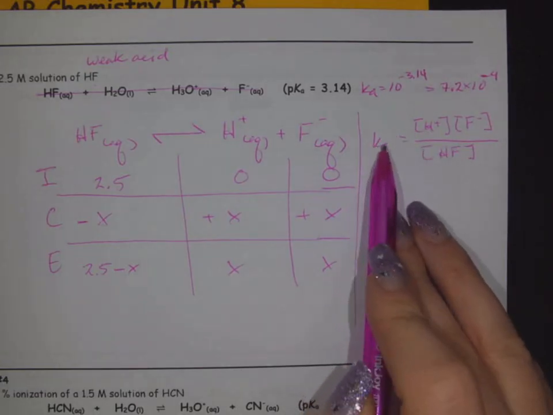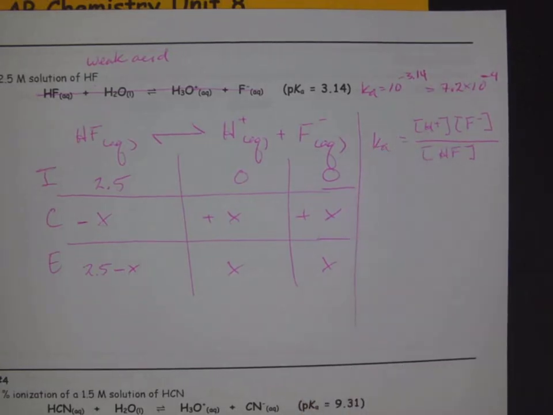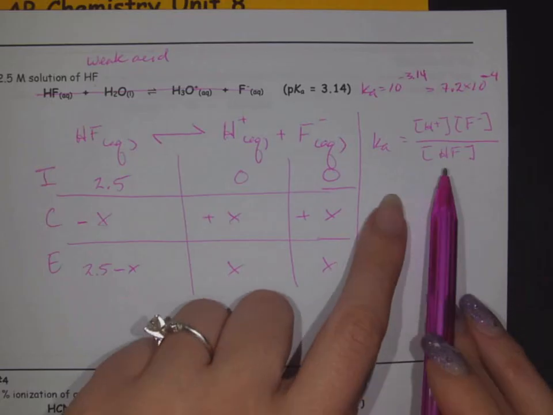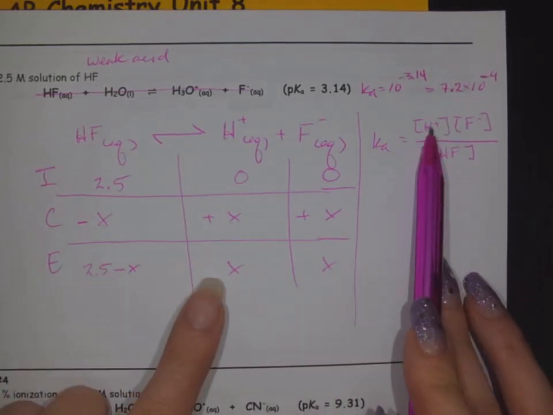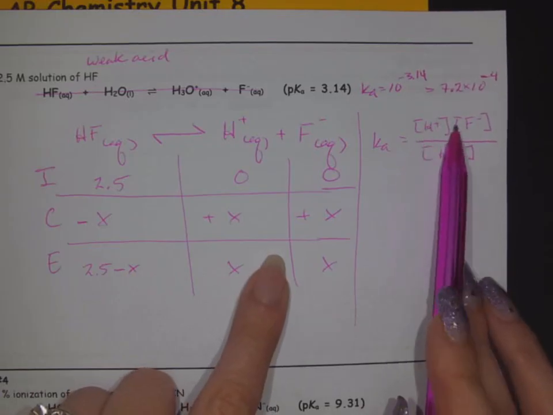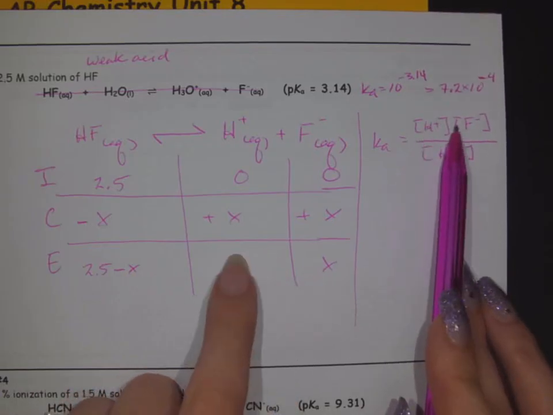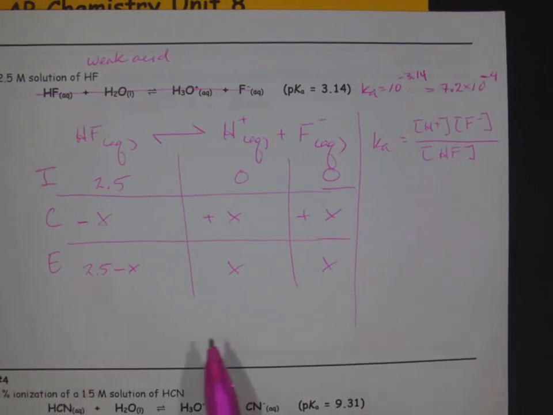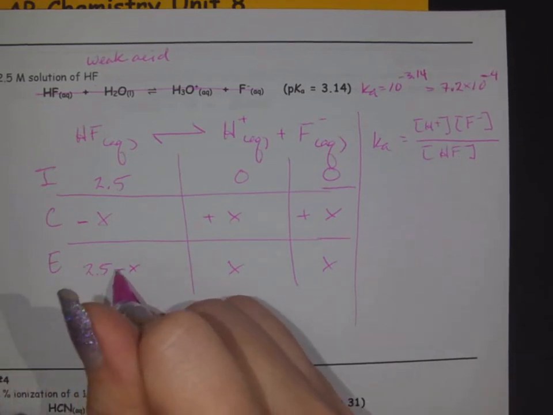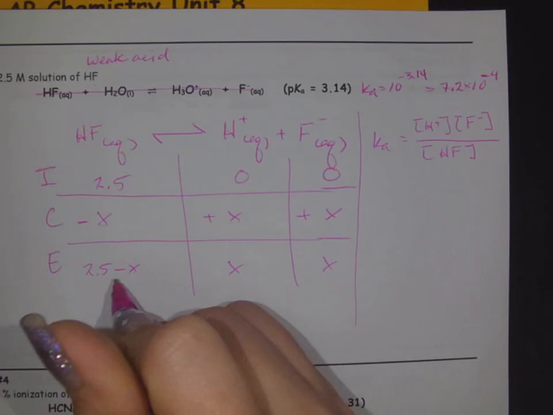If this is a really small number, that means that this value is much bigger than these values, so these x values must be really small compared to this one down here. If x is really small, you can neglect it compared to the 2.5.